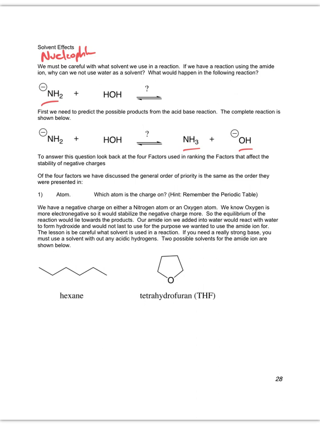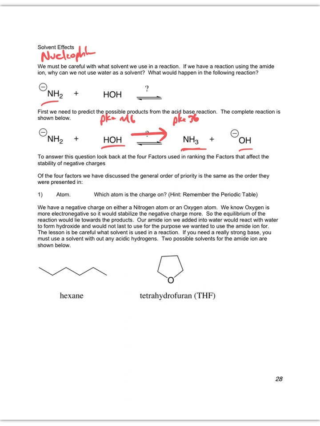Now, of this, we have a hydrogen on oxygen versus a hydrogen on nitrogen. We know hydrogen on oxygen has a pKa of 16. A hydrogen on nitrogen has a pKa of 36. So the equilibrium will lie very strongly to the right.